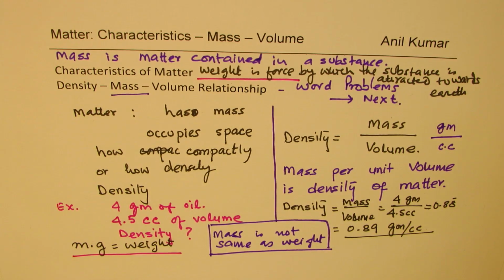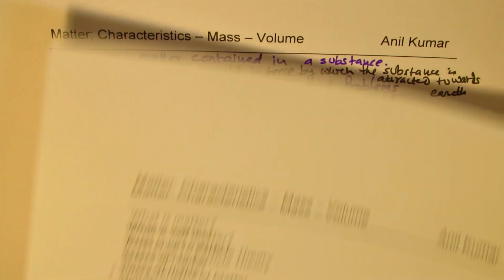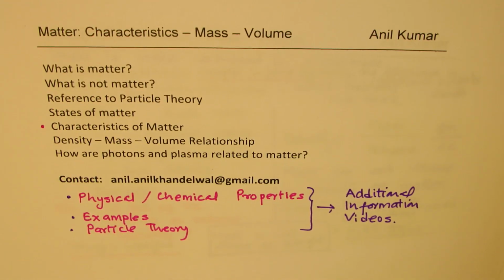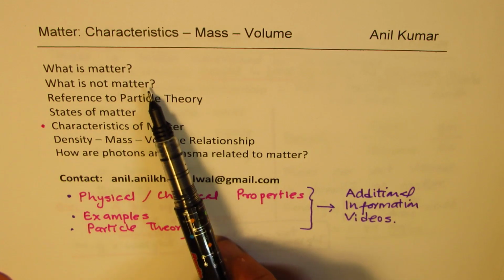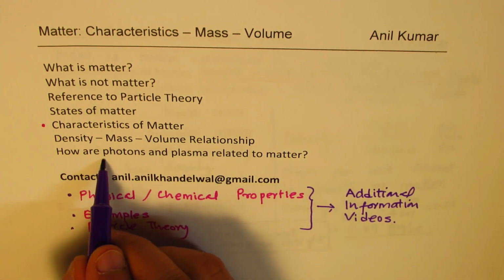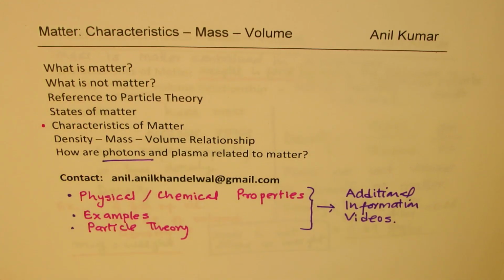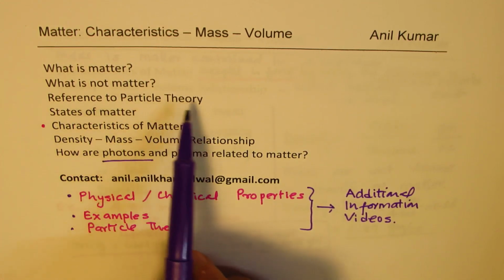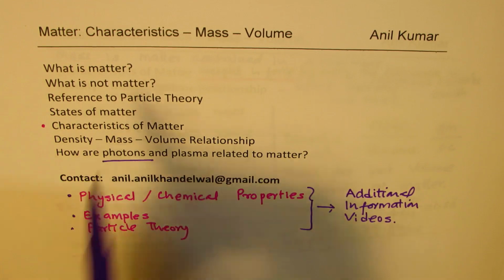We understood a lot of things about matter, and we have many other things to explore. So I think we answered all our questions. We know what matter is, what it is not. So energy or a photon is not a matter. Photons are not matter. We learned about particle theory. We talk about states of matter.